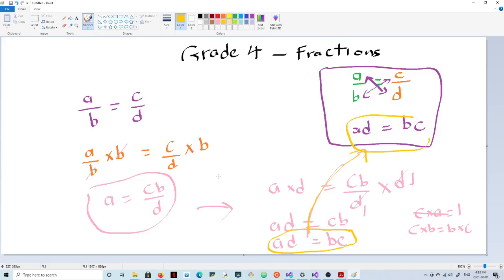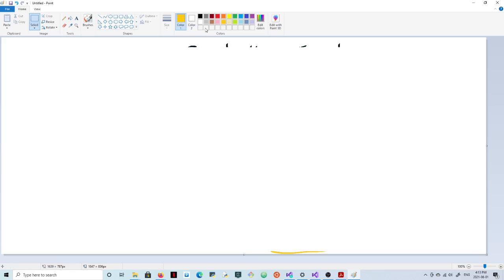All right. Now let's try some other questions here. Okay. So let's take a question here. Supposing you have 4 upon 20 is equals to 1 divided by a box.